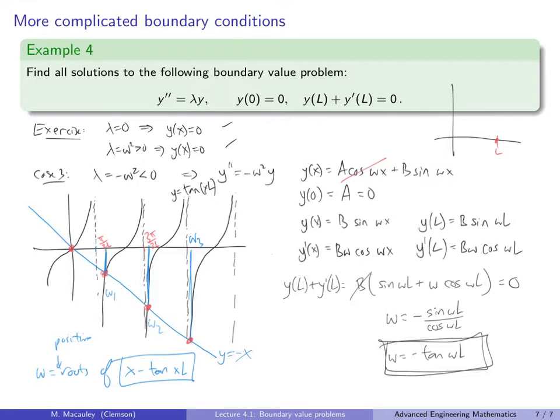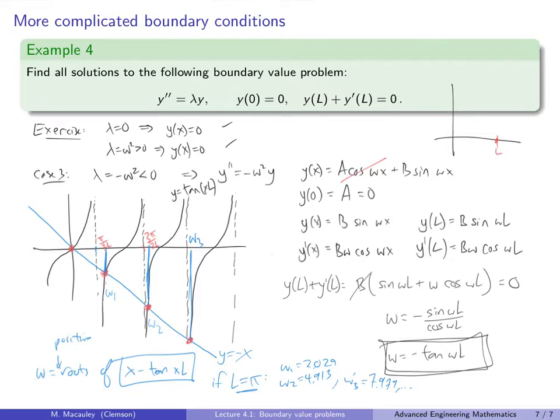I used a computer, and so if L equals pi, then these roots are omega 1 equals 2.029, omega 2 is 4.913, omega 3 is 7.979, etc. So you can find them numerically. This is what they are.